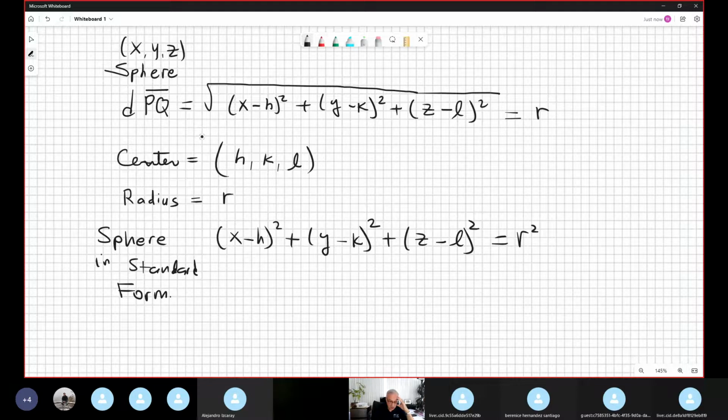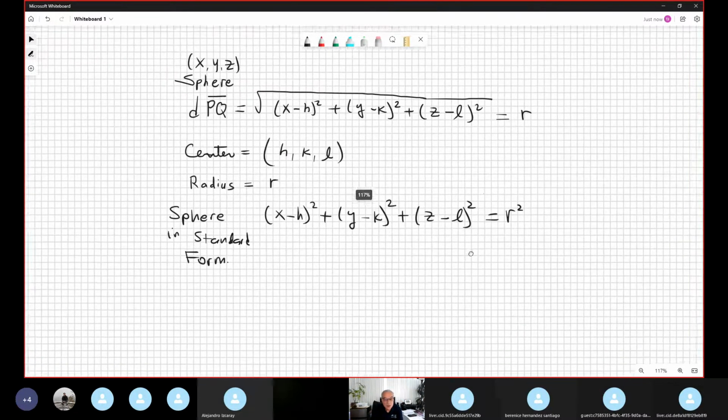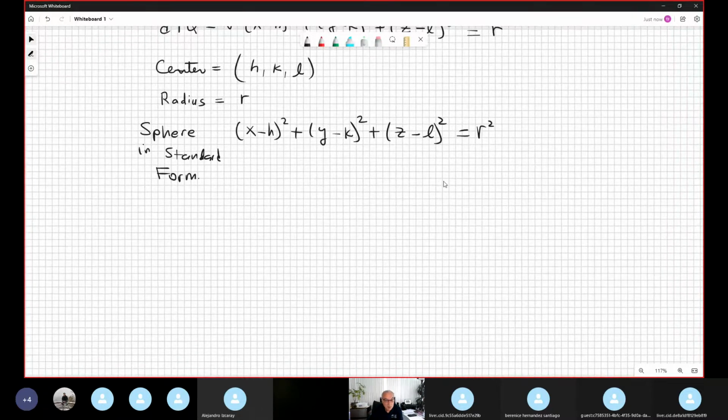Okay? To understand much better, I propose one elegant example. Example of a sphere.